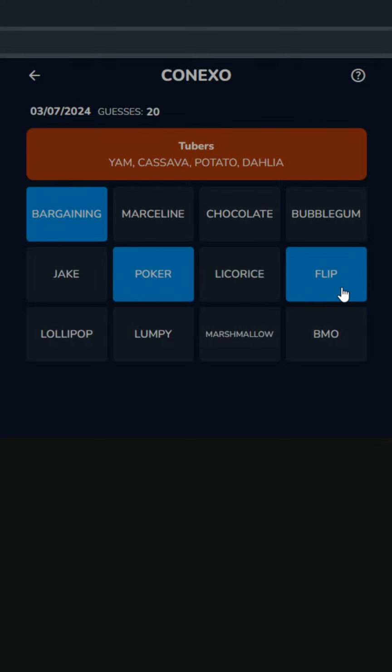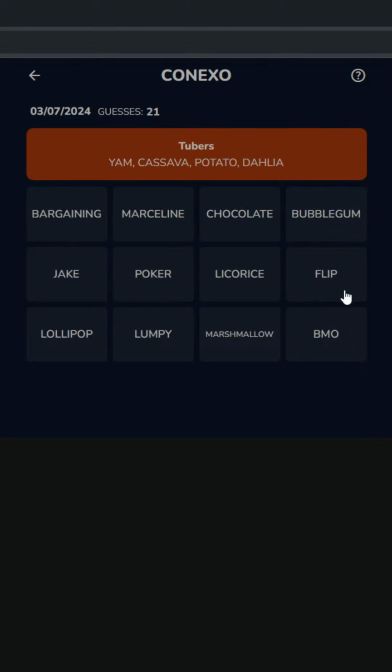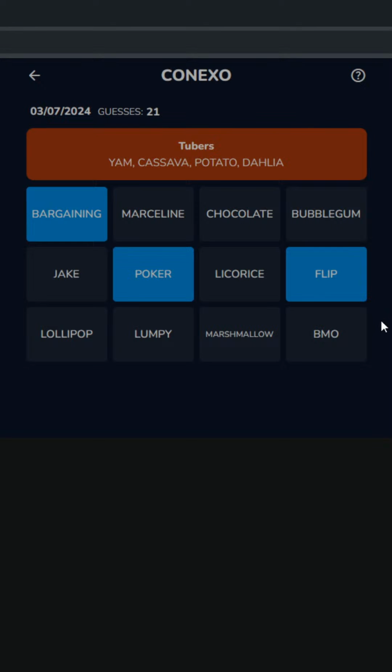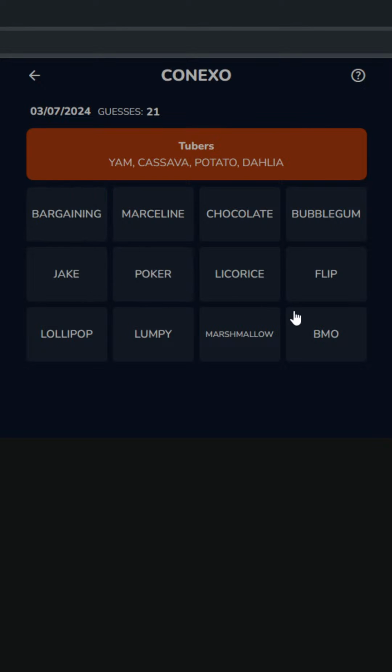Poker, bargaining, flip. I feel like there's a poker term or some other, maybe like a blackjack term I'm missing here. What do some of these words have in common?